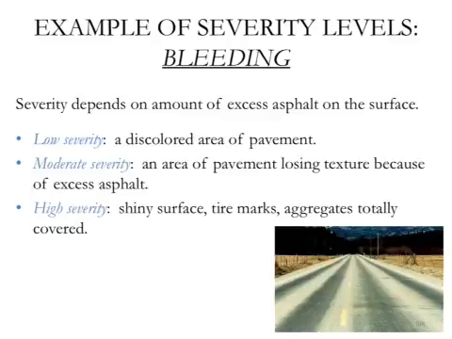We can see tire marks. The aggregates are now totally covered with asphalt, and you cannot see even a small piece of the surface of the aggregate, and that's again considered high severity.